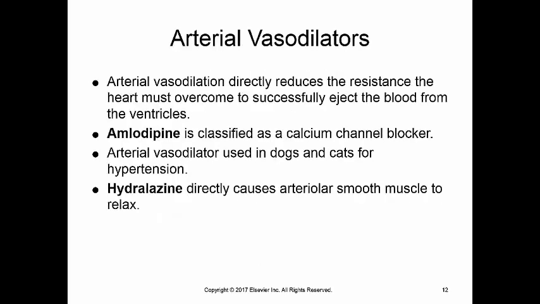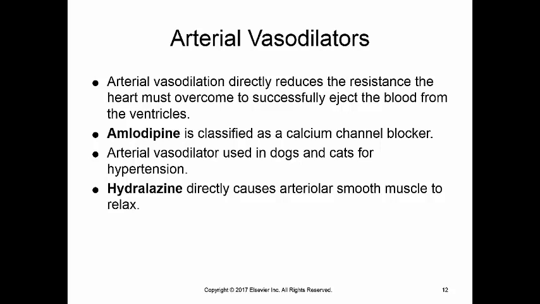So the arterial vasodilators are going to work mostly just on the arterial side, and what they're going to try to do is reduce arterial constriction, especially from around the heart, and make it much easier for the heart to pump blood out into the lungs and out into the aorta. And we do this with animals that we know have hypertension due to some type of heart failure that's going on.